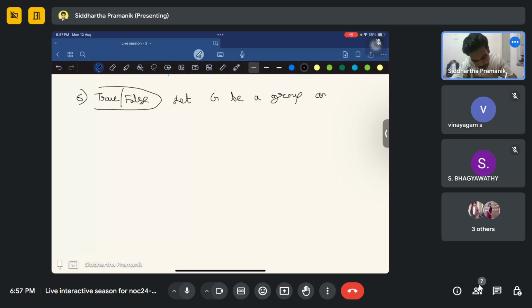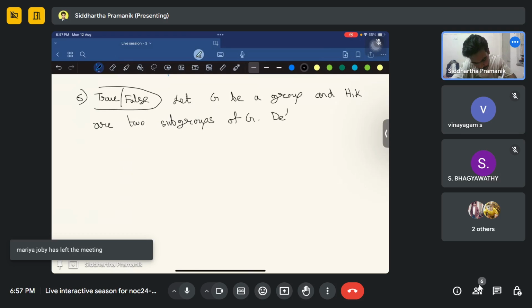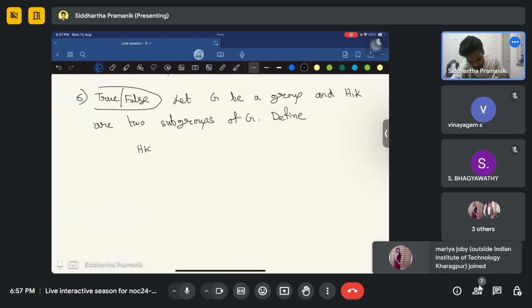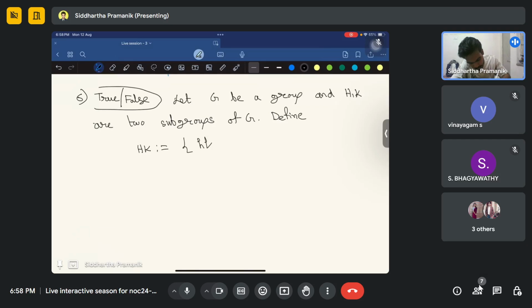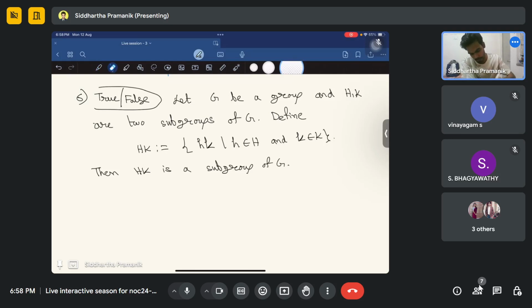So let G be a group and H, K are two subgroups of G. Now define the set HK by taking all the products small h times small k, where small h belongs to H and small k belongs to K. So the statement is this set HK is a subgroup of G. So is it true or false?